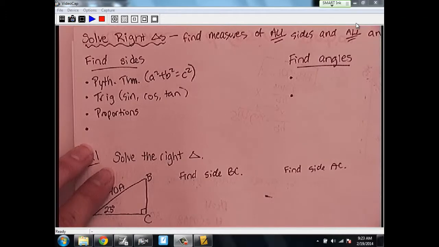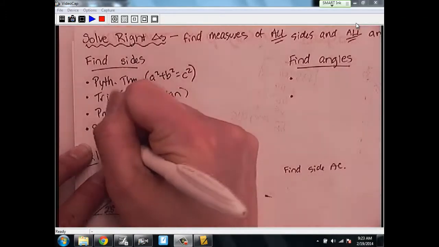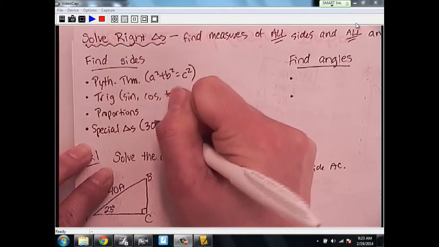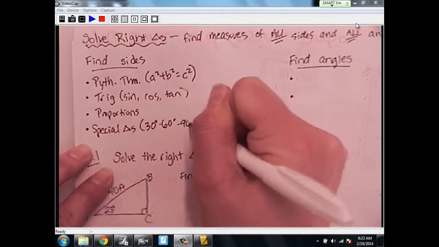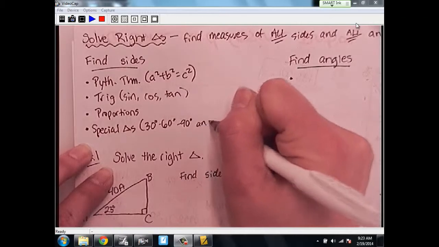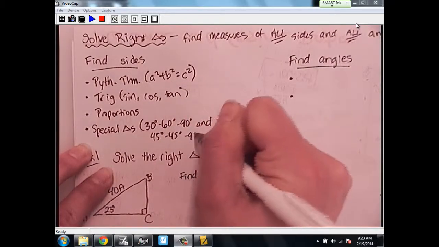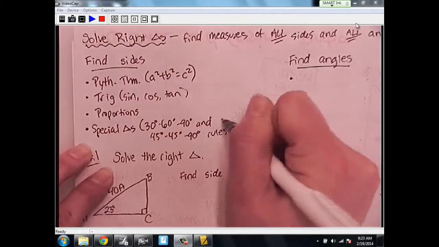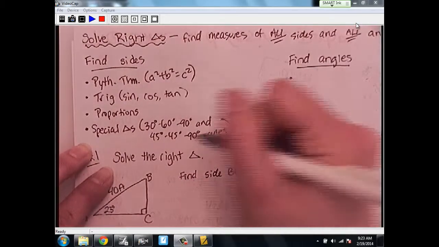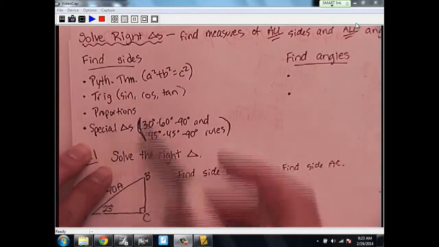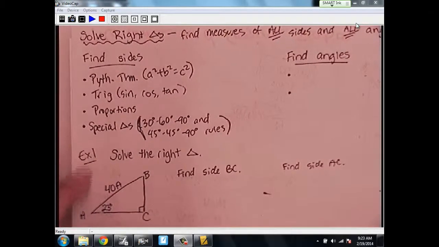And we also have our special triangles, where we used our 30, 60, 90, and your 45, 45, and 90 rules. Those are quick shortcuts. You don't ever have to use those if you don't want to, because you can always use your trig or your Pythagorean theorem. But that's another shortcut you could use.